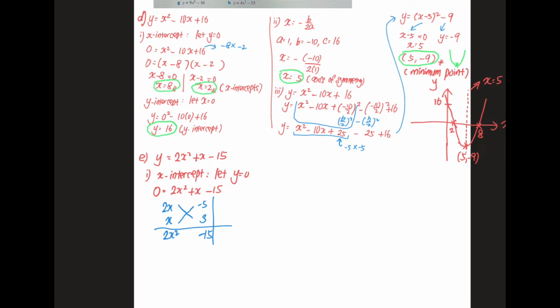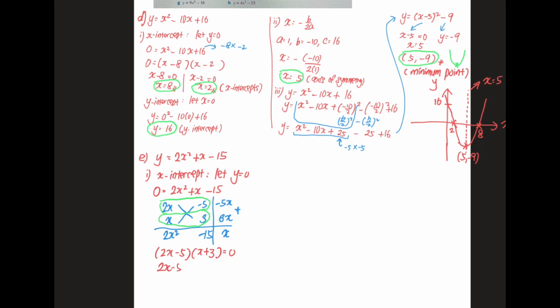I need to make sure that when I cross multiply and add up the two products, I get positive x. So I do get that positive x, which means the factorization works. So 2x minus 5 is the first factor, and x plus 3 is the second factor. So we get (2x minus 5)(x plus 3) equal to 0.